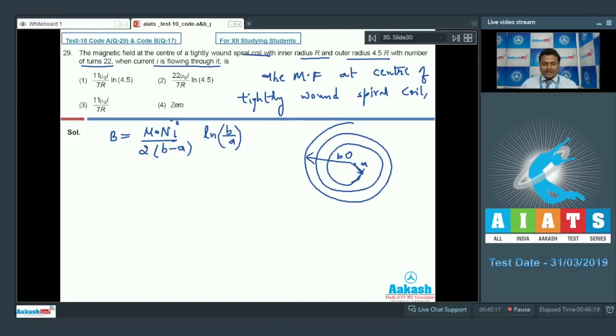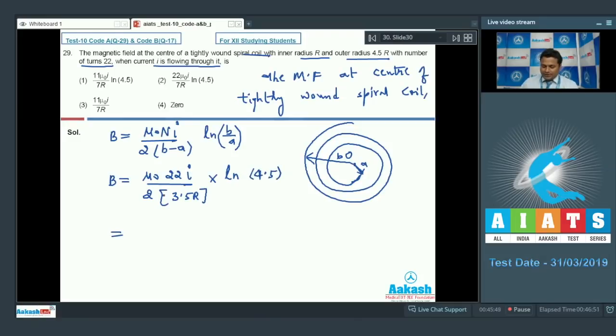Here in our expression everything is given. So plugging all the data from the question into the expression, we will get B equals mu naught, N is 22, I as it is, we have to put 2 times (outer radius 4.5 R, inner is R), so 3.5 R we will obtain right here, multiplied by ln of B by A, that is 4.5 R by R, so you will get just 4.5.